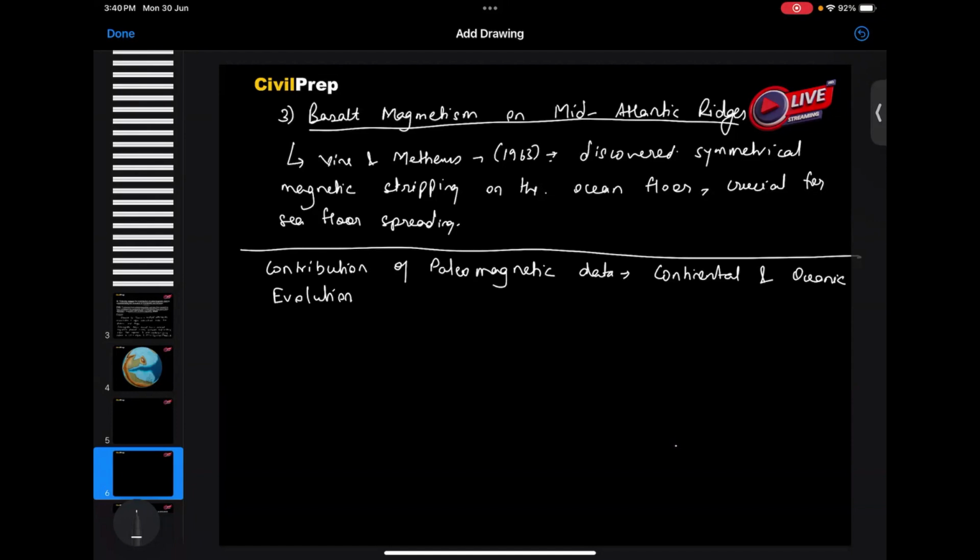Now, number one will be the seafloor spreading model. This was initially provided by Harry Hess, and later the model was developed by Vine and Matthews.